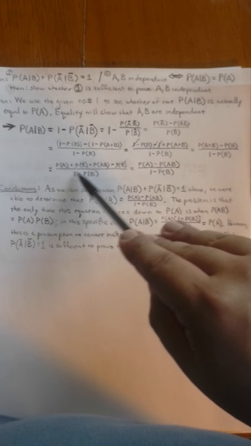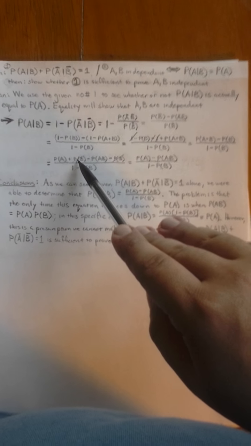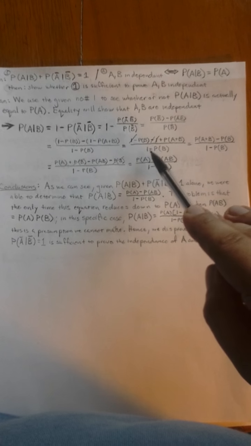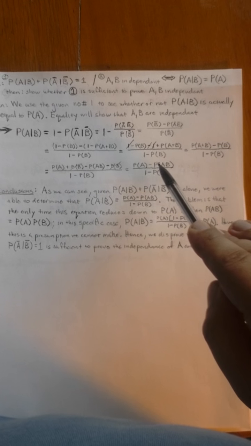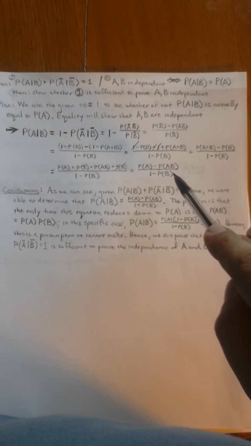So this term right here gets substituted for this term right here. All the other terms come down. As we can notice, the probability of B's cancel out. And we get this equation right here, which is basically the probability of A minus the probability of the intersection of A and B over 1 minus the probability of B.